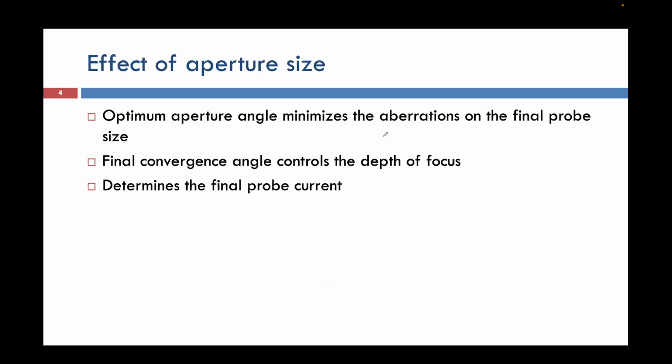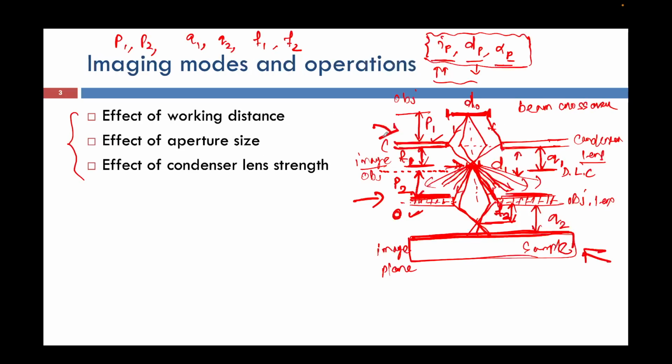I could not concentrate. Okay, so basically this is the beam crossover d naught, which we are taking as the first object for this condenser lens, and the distance is given by p1. This condenser lens will have its own focal length, given as f1, and based on its focal length it will form an image on the plane where we get the disk of least confusion.